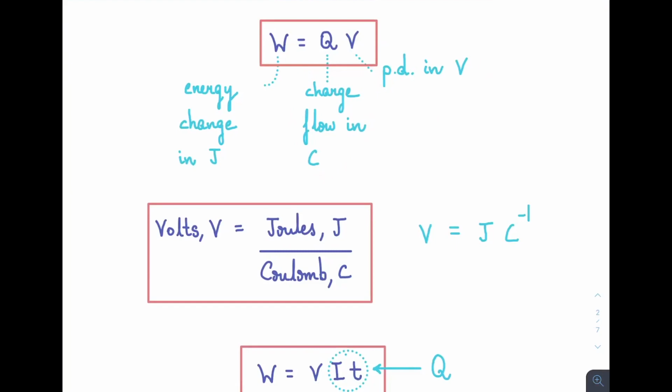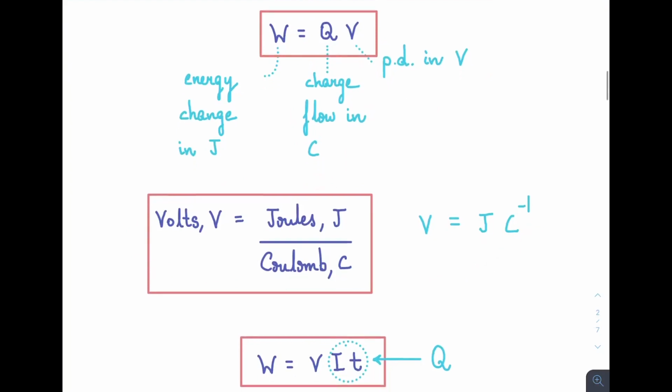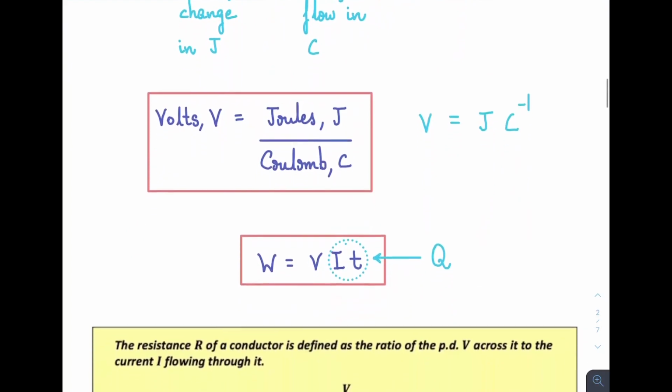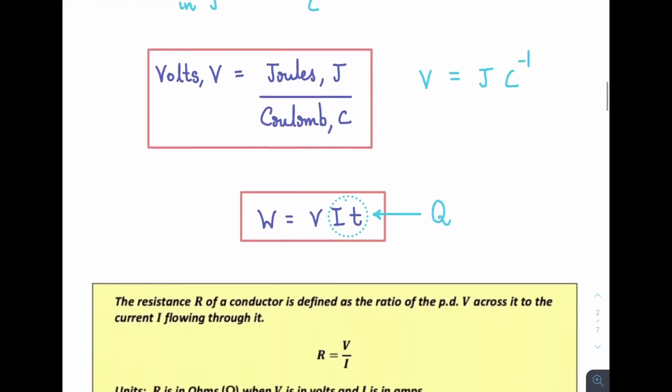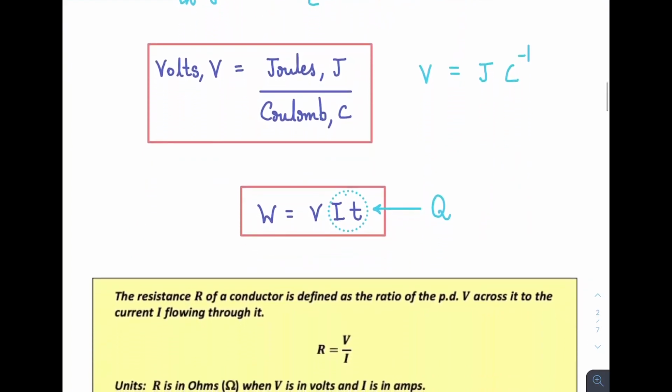The units volts are thus equivalent to joules per coulomb. And in the case of uniform current I flowing for time t, then we can substitute using Q equals IT, and hence we get W is equal to VIT.